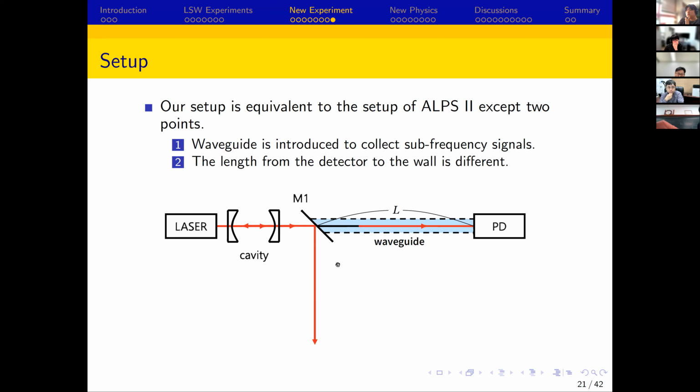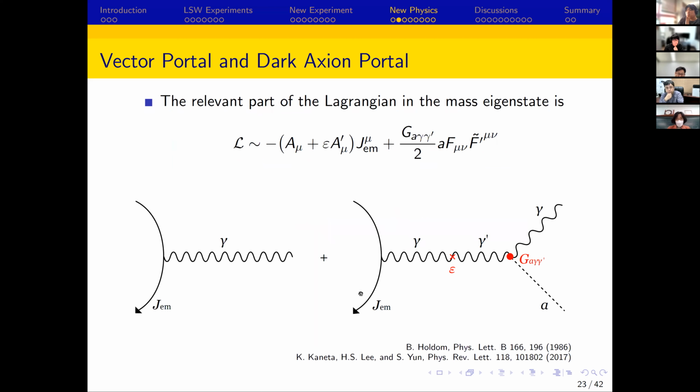I mean, when you have a non-zero k parameter, you can easily calculate the photon to sub-frequency photon conversion rate, right? So your k parameter determines the conversion rate of photon to sub-frequency photon. I guess that's what you are looking for, no?